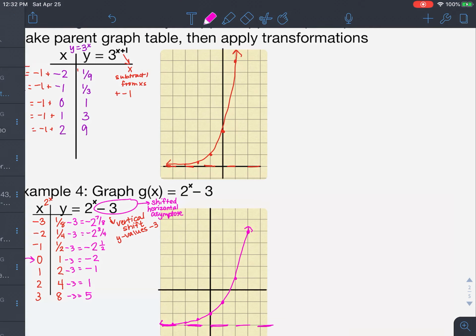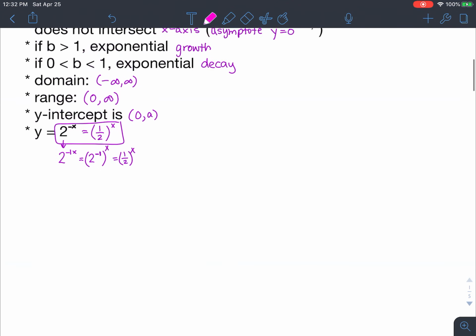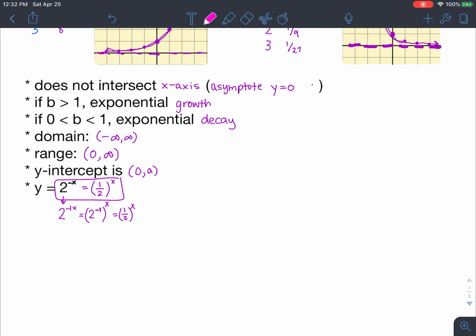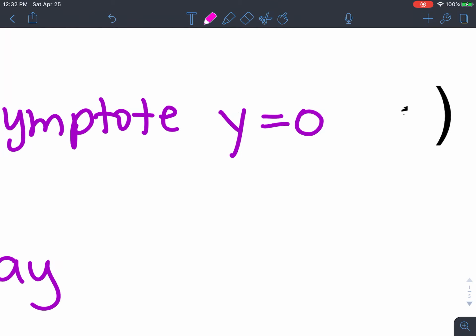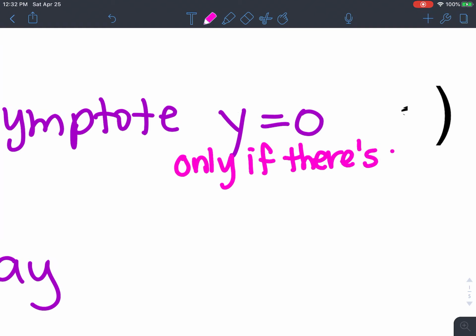Let's go back up to where we made that list of characteristics, and let's add that in there. So right here, where we have does not intersect x-axis, asymptote y equals 0, this is only if there's no vertical shift.